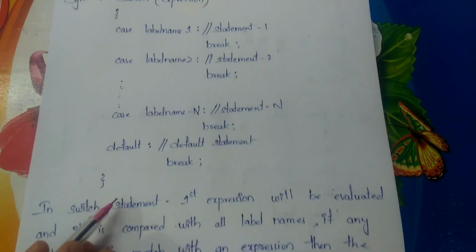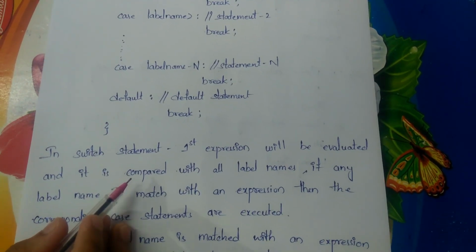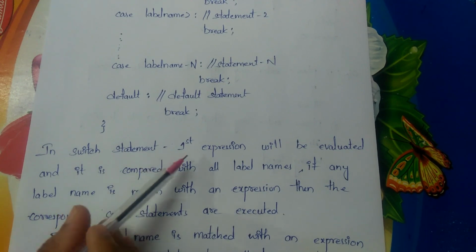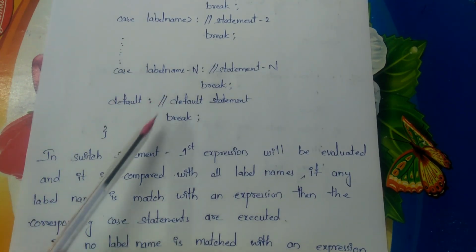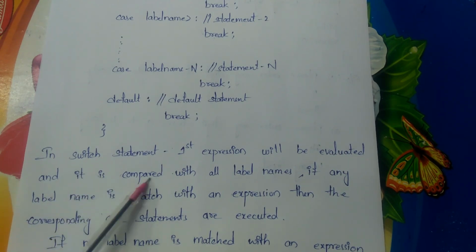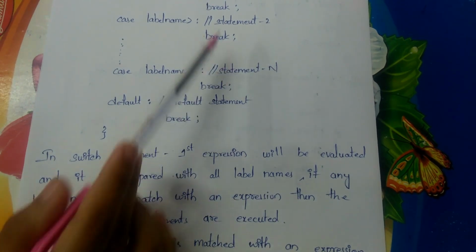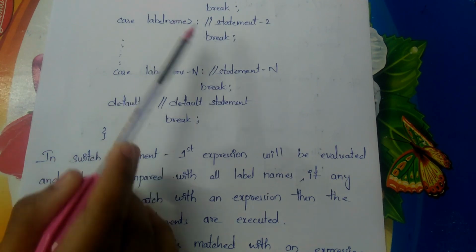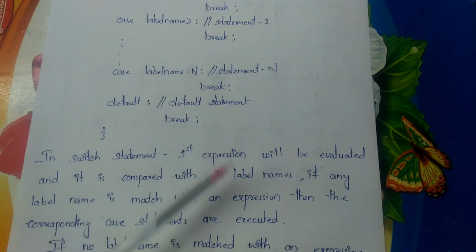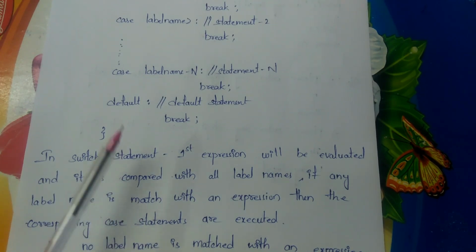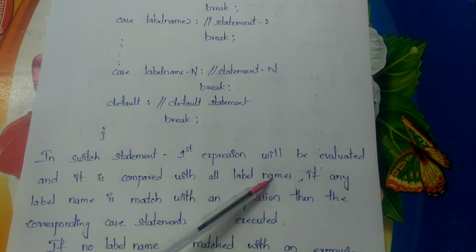So here the description is, in the switch statement, first the expression will be evaluated, and it is compared with all label names. So we have label name 1, label name 2, and up to label name n.